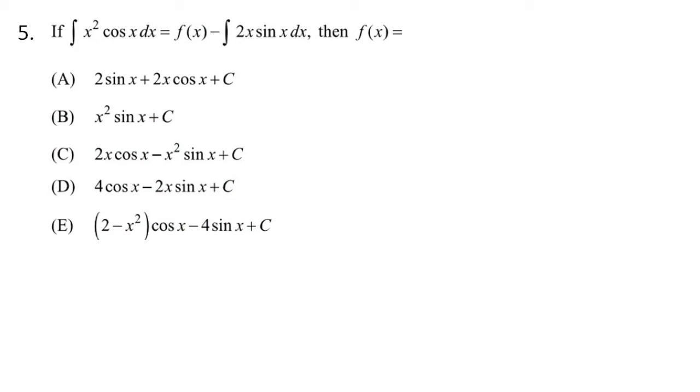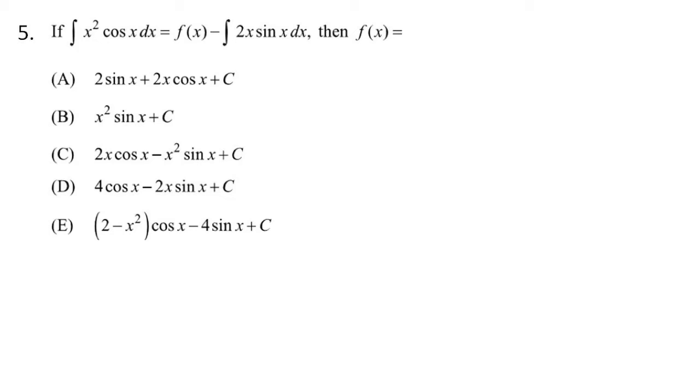All right, so for number 5, goodness, 5 looks horrible, and it looks like a good old classic integration by parts. So let's see, what in the world can we do with this? Well, I would try to get f of x by itself on one side since that's what I'm solving for.